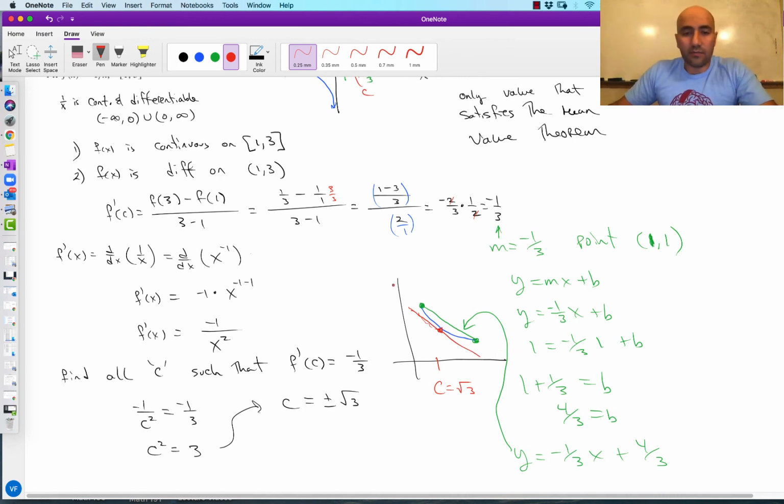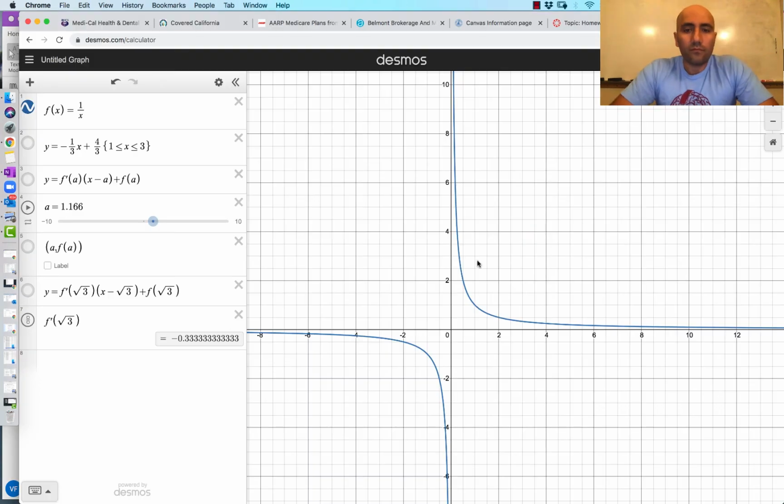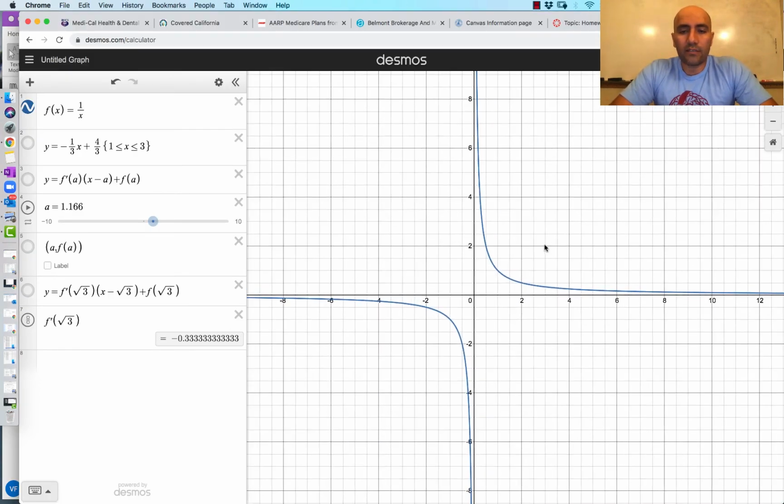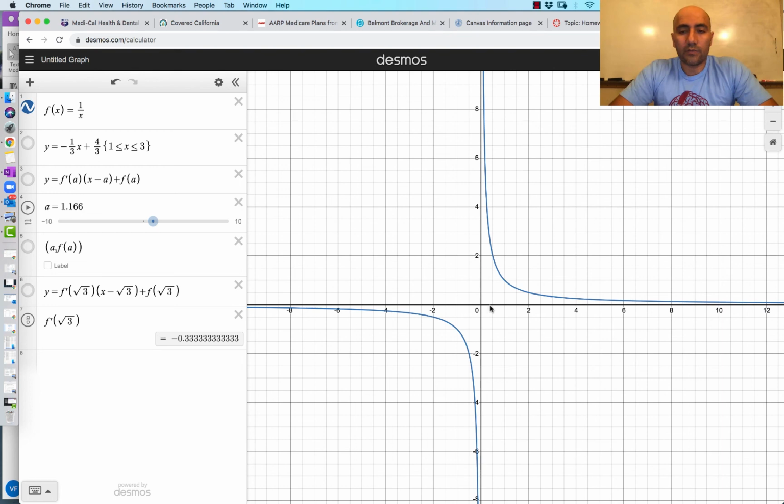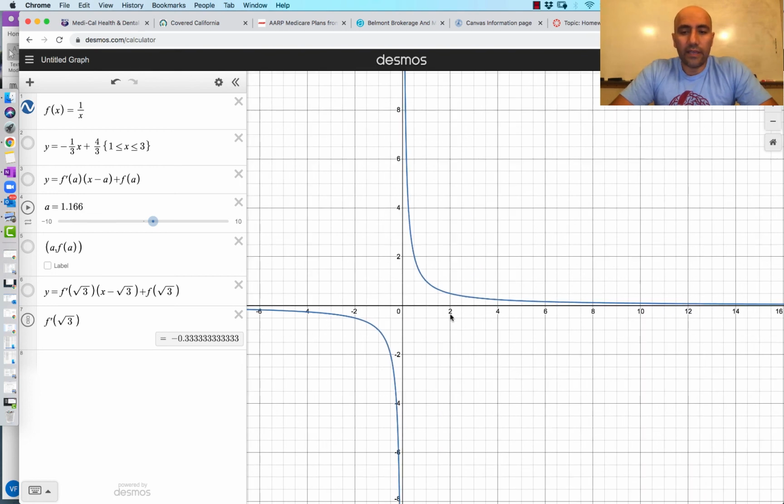Okay, let's use Desmos to do a better job of drawing this picture than I did. Let's go to Desmos. Okay, so here's the graph of 1 over x, the standard 1 over x function, and its domain is all real numbers except 0, as we know. We're only interested in the segment between 1 and 3.